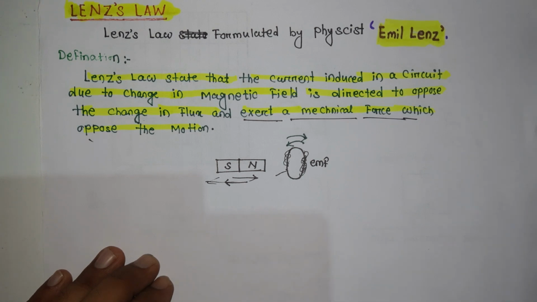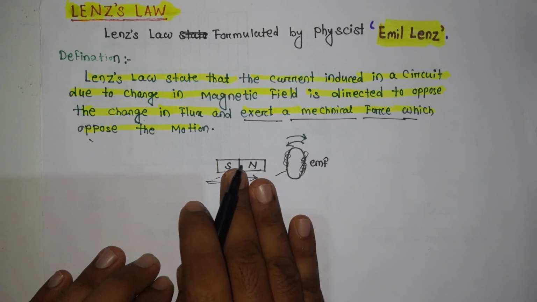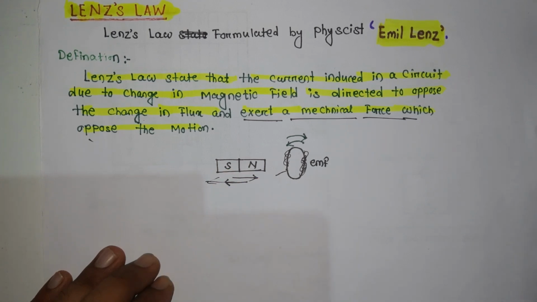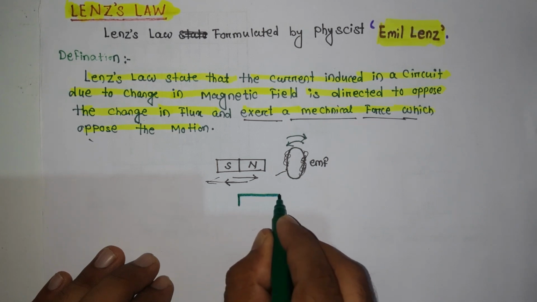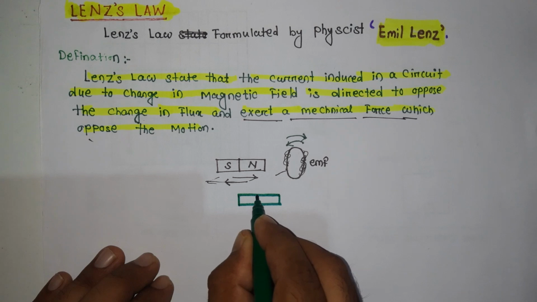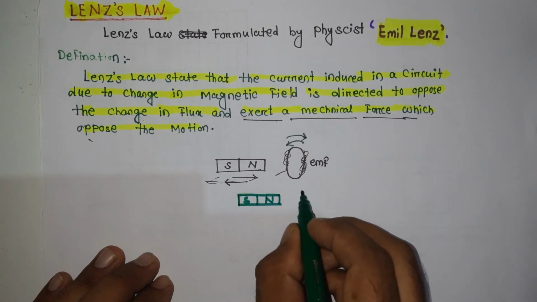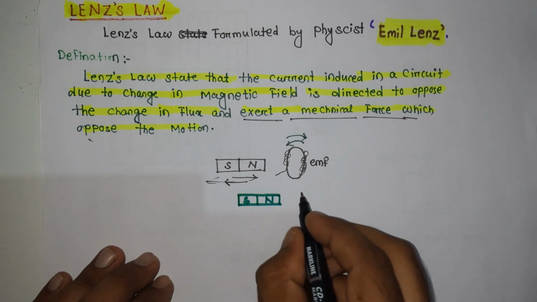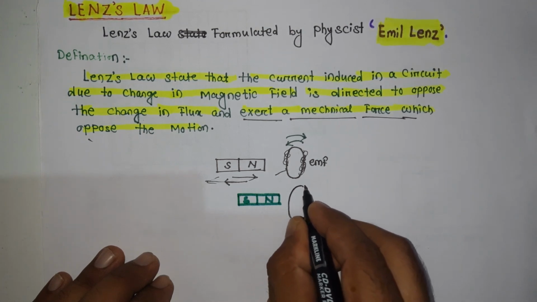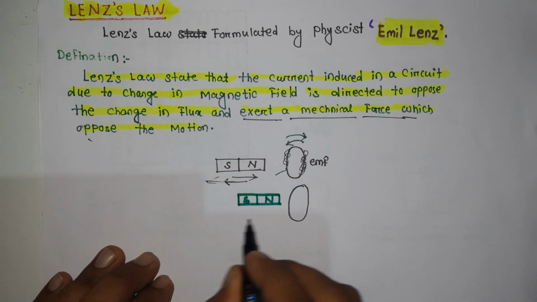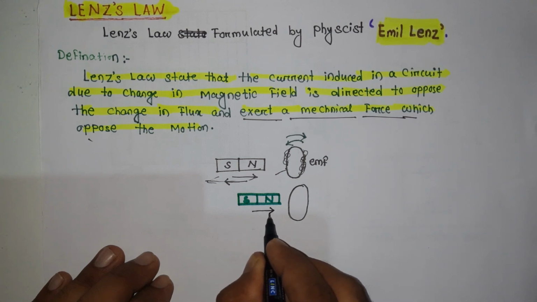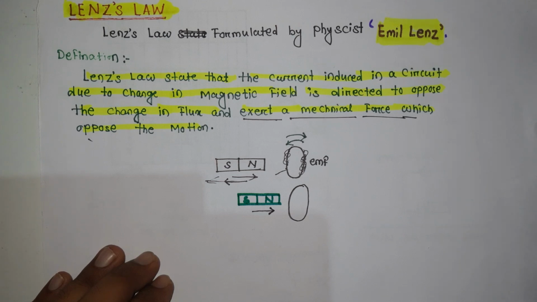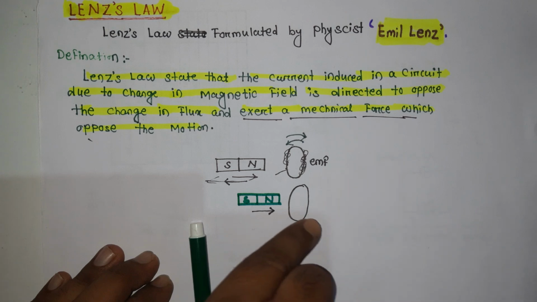Let me derive this with an example. Let this be a magnet with a north pole and a south pole, and let this be a coil facing it. If the magnet moves nearer to the coil, the definition says the coil exerts a mechanical force which opposes the motion, meaning the motion towards this coil.